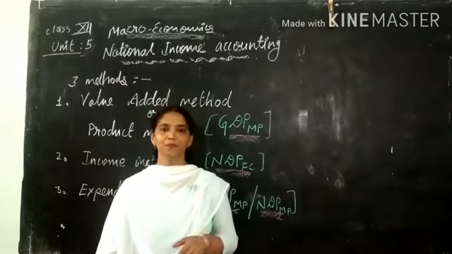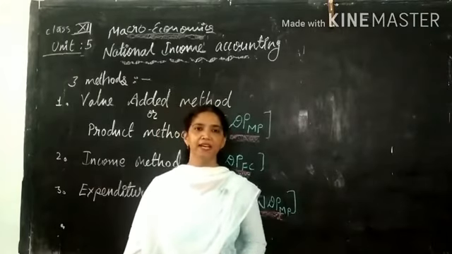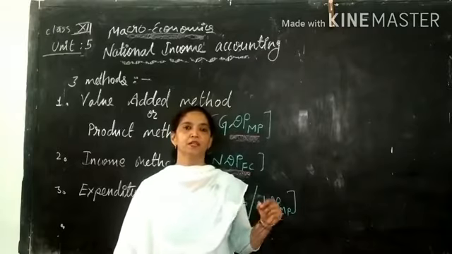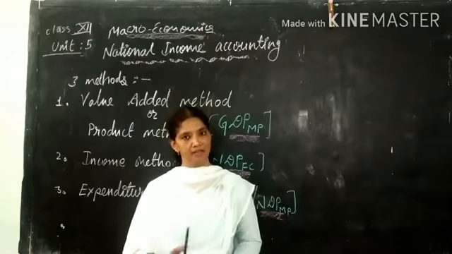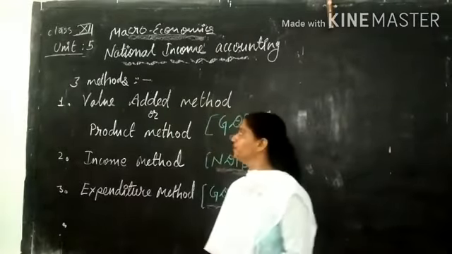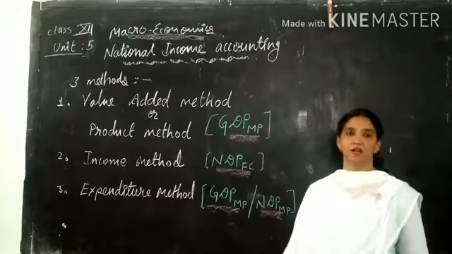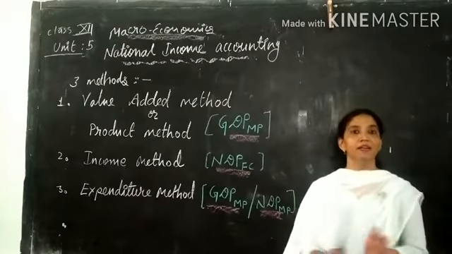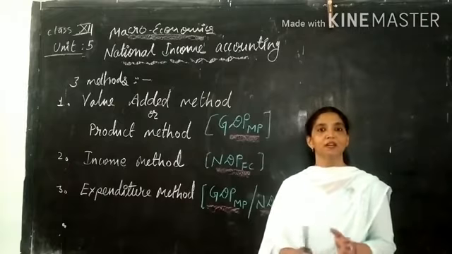Hello students. In my previous video, I explained national income and its related aggregates. In this video, we will discuss national income accounting. National income and national income accounting are different terms.